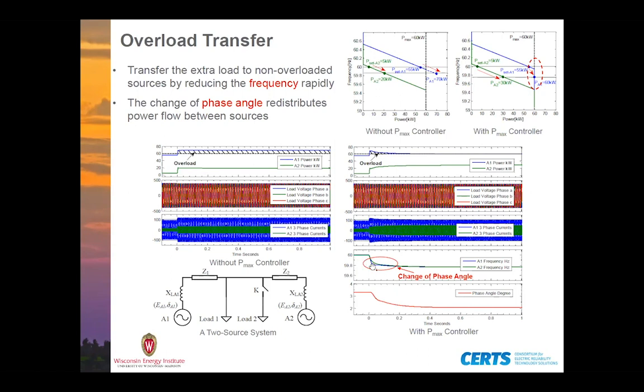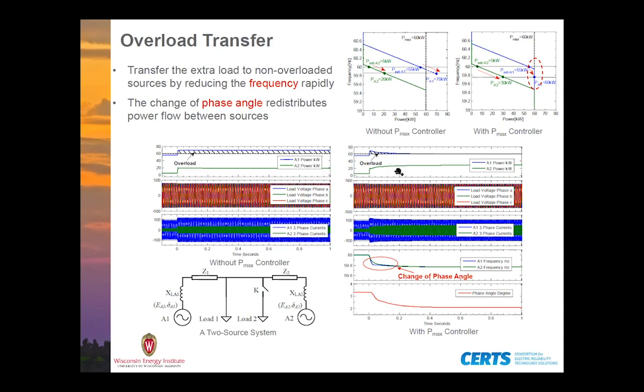During the transients, there is a frequency difference: the frequency of A1 drops faster than the frequency of A2. This frequency difference results in a change of phase angle, and the change of phase angle redistributes the power flow between sources. That's just a power flow analysis.